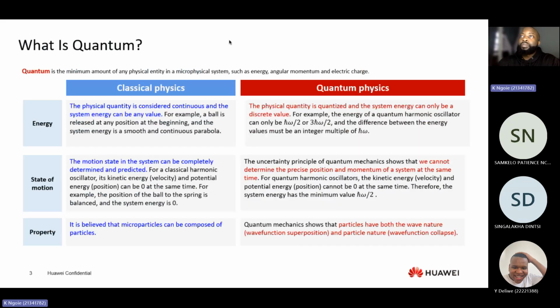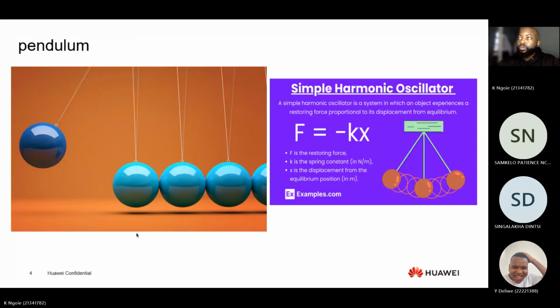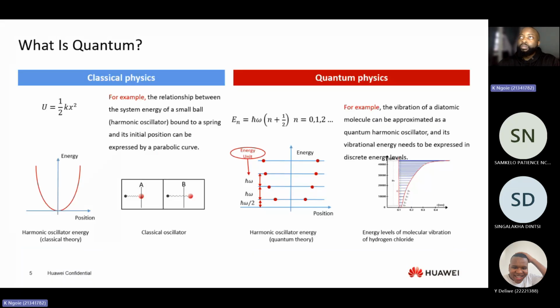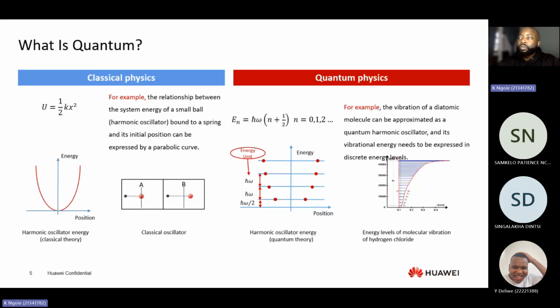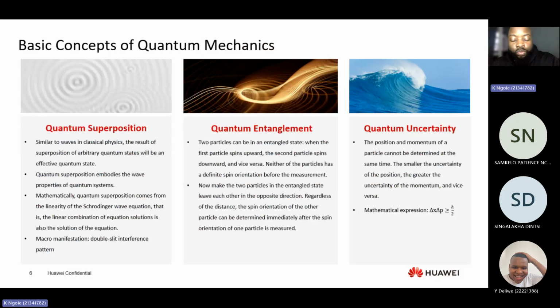So we've compared them in terms of energy, state of motion, properties. A clear example was the pendulum, how it works. That was a clear example of the difference between quantum and classical.